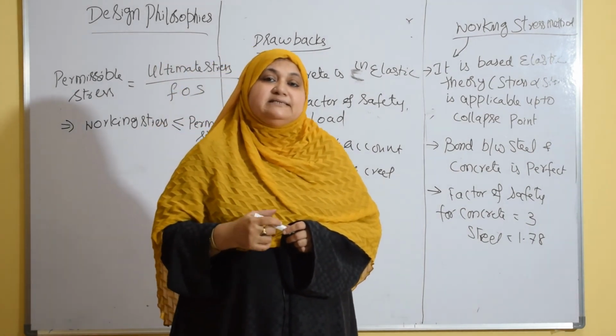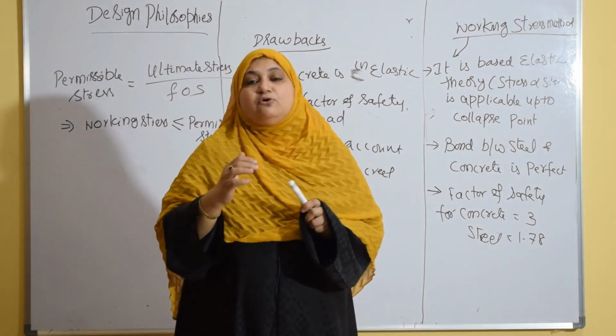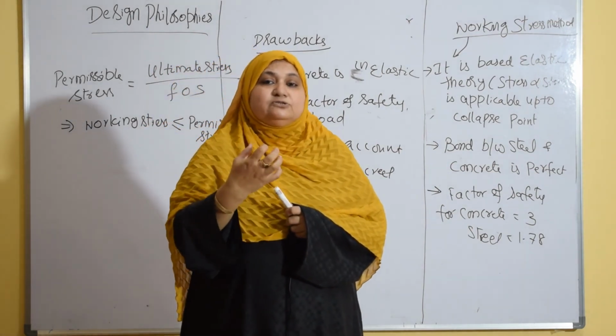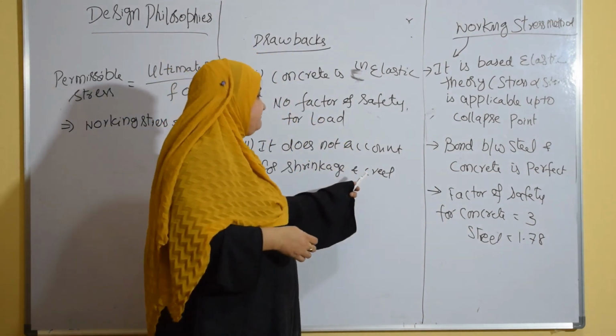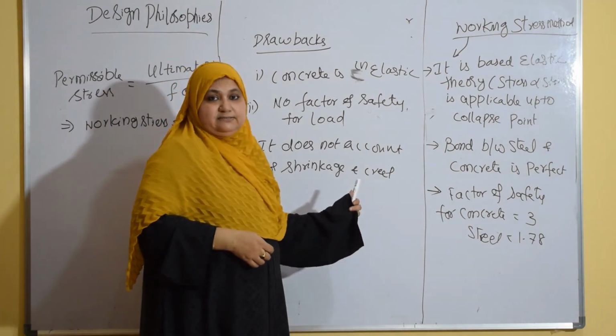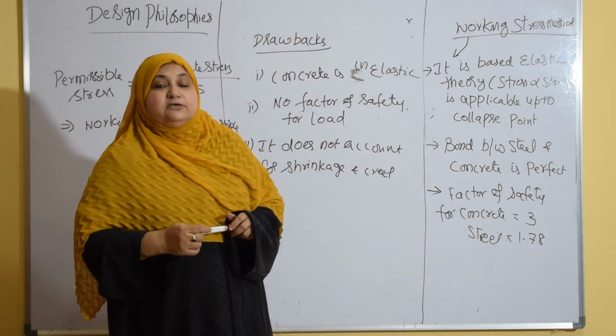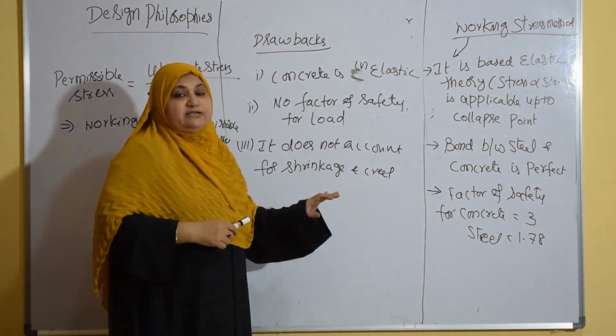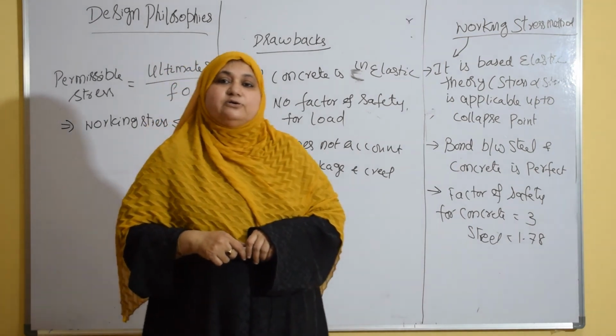When a member is subjected to the same load for a long period of time, after a certain number of years it can become visible. That is called creep. These are long-term properties, and nothing has been given with respect to shrinkage and creep. So that is also a drawback.